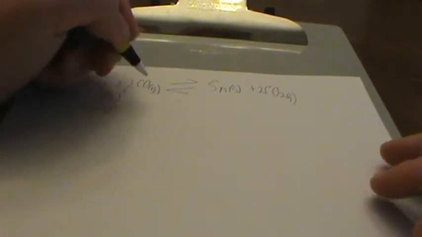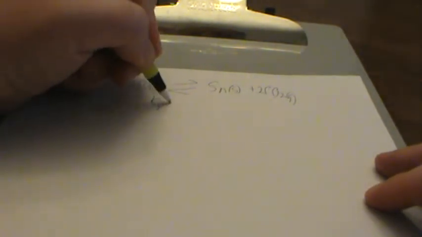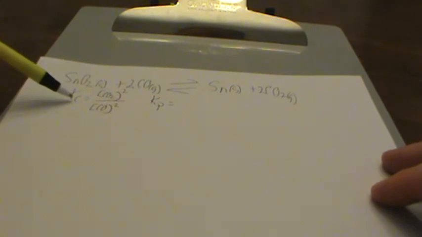There is another way of finding the equilibrium constant. C stands for concentration. What if we were just given partial pressures of gases? We need to find the Kp. Well, finding the Kp is just like finding the Kc. We always take products over reactants. But in this case, we would take the partial pressures of the gases.